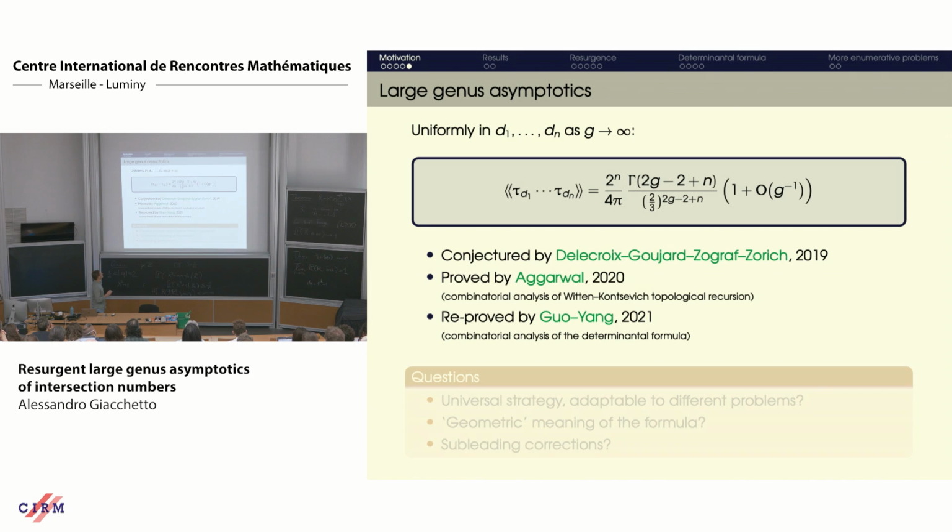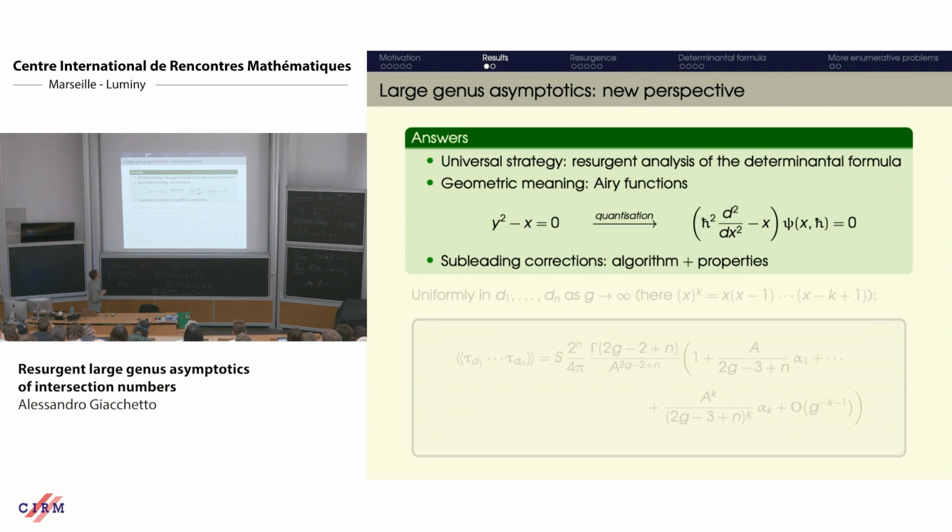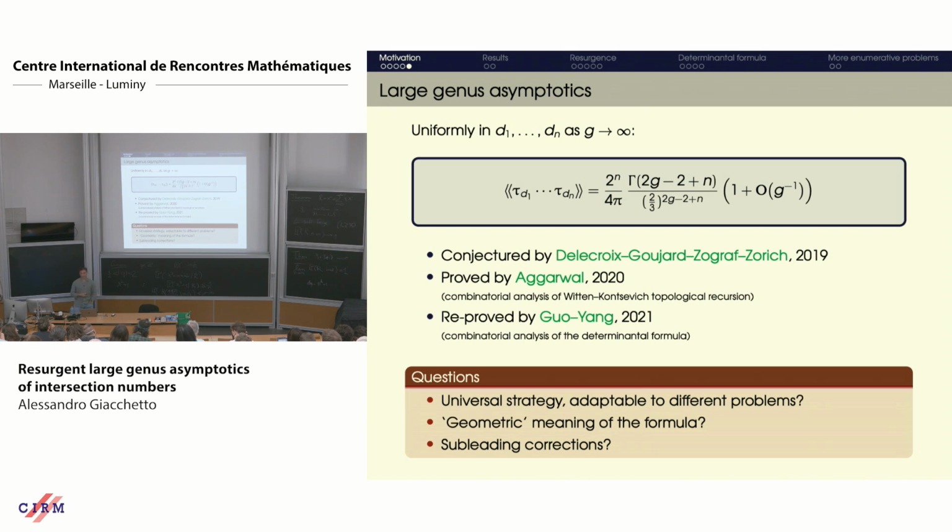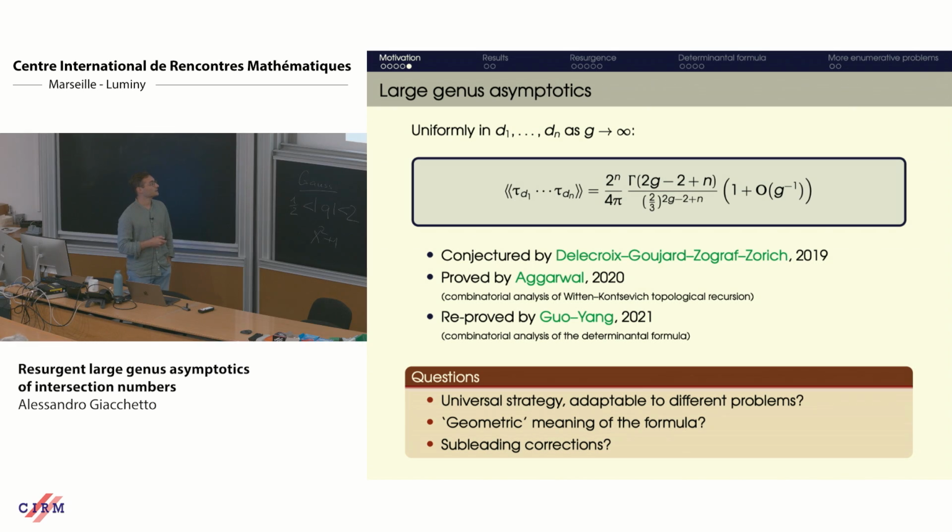So this formula is known, but what I would like to explain today is how to understand this formula a bit more, with a new proof that I'm going to propose. The questions that I want to address today are, first of all, is there a new strategy to compute this kind of asymptotics that is in some sense more universal?